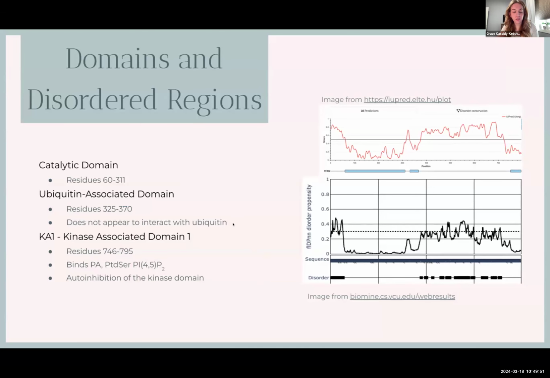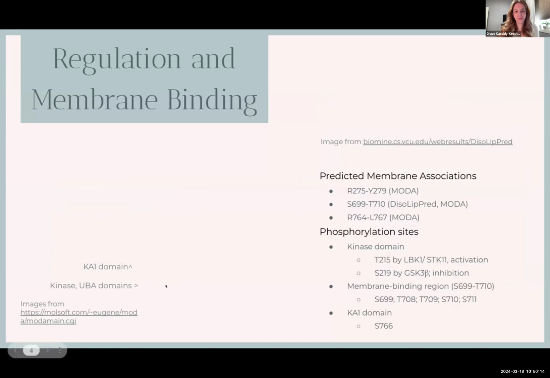The peripheral membrane association is mostly through the kinase associated domain, which binds phosphatidic acid, phosphatidylserine, and phosphatidylinositol 4,5-bisphosphate. This kinase associated domain also has the ability to auto-inhibit the catalytic domain.